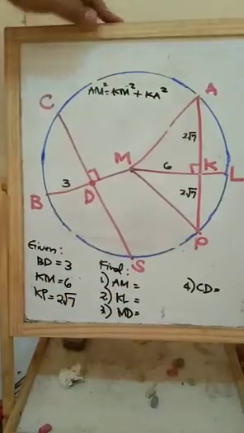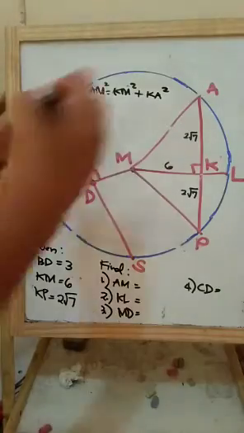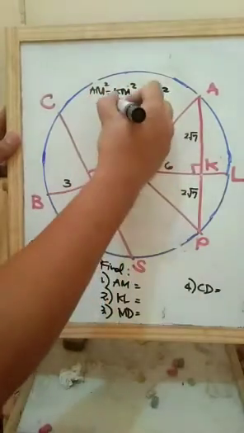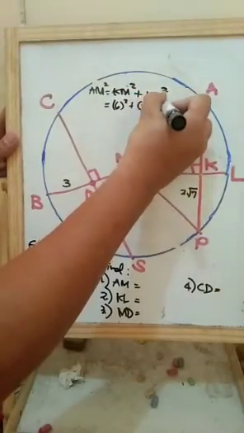Kompletuhin na lang muna natin yung formula. So, i-squared natin yung mga ano na yan. So, kukunin mo siya by Pythagorean theorem. So, this would be 6 squared plus 2 times the square root of 7 quantity squared.